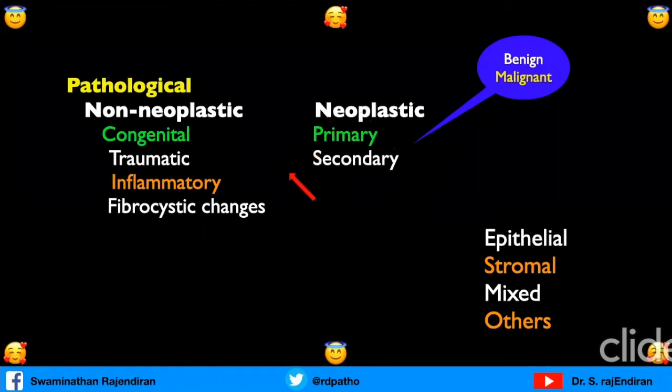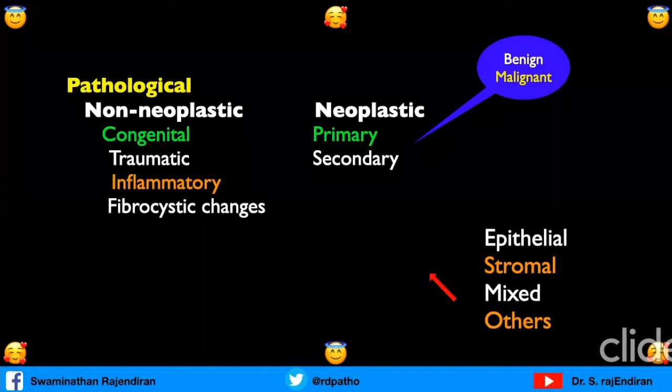This is a very, very important question, because if it is primary, it is a local disease. Surgery is the treatment. If it is secondary, it is a systemic disease. Chemotherapy is the treatment. That you have to remember. And in the breast, the neoplastic lesions are classified into epithelial, stromal, and mixed and others. So this is the pathological classification.